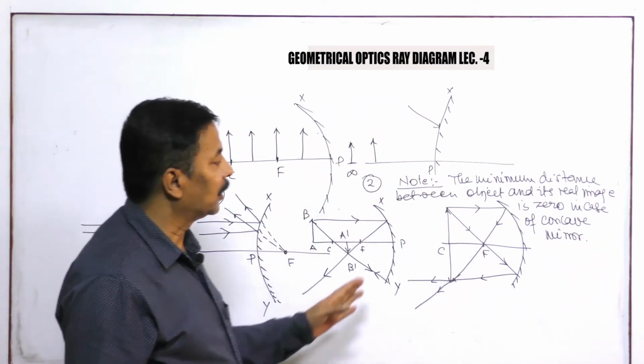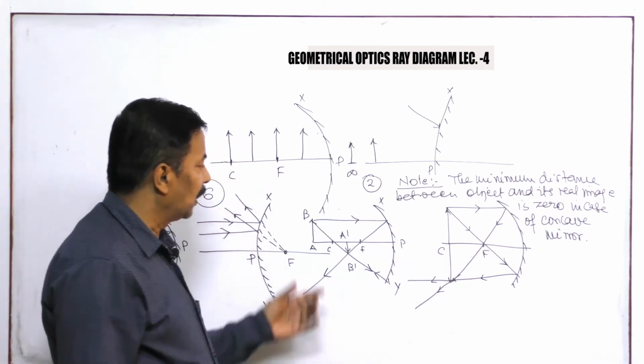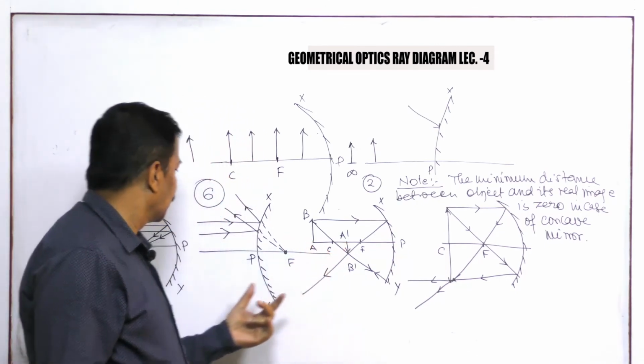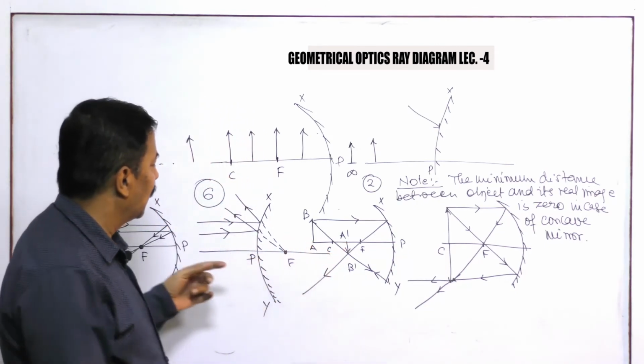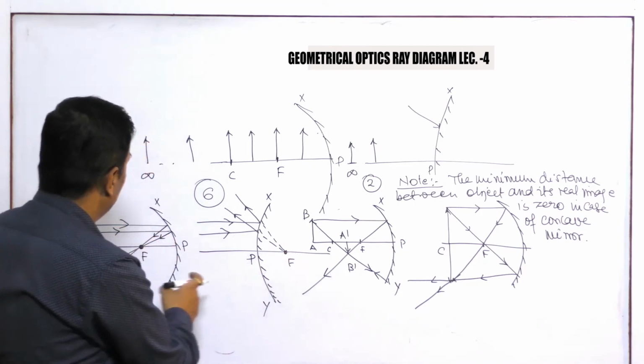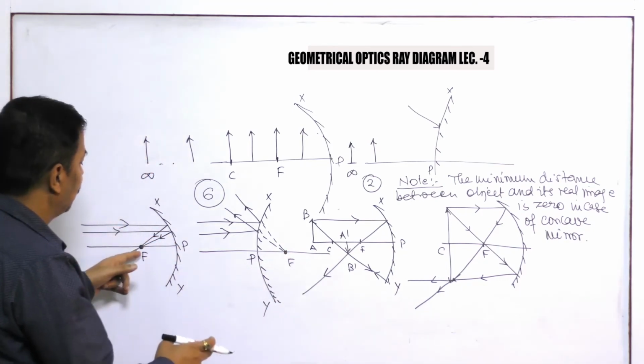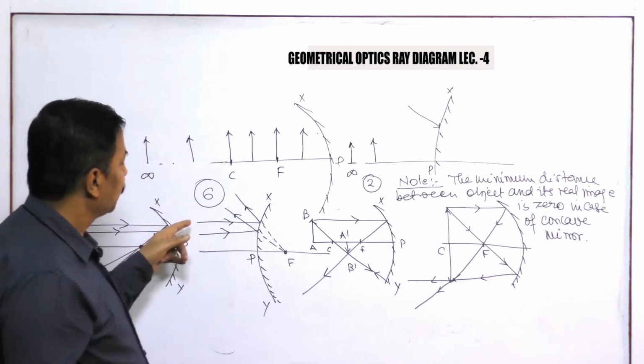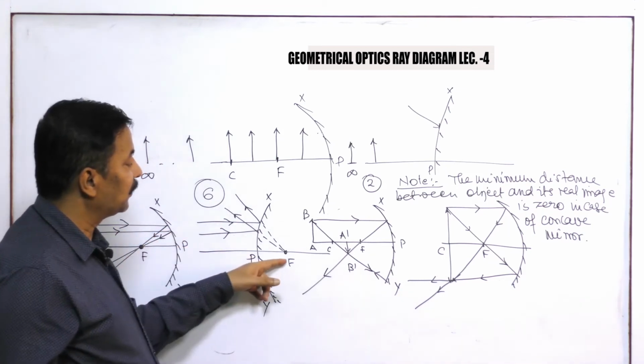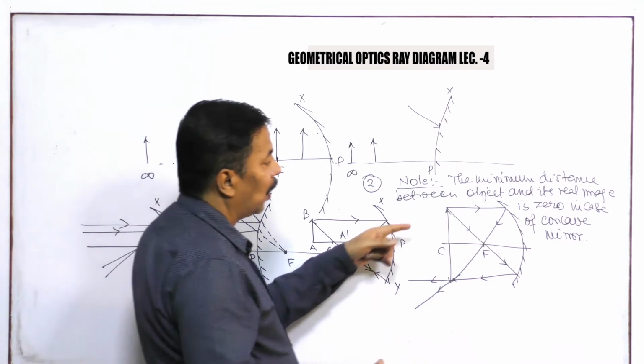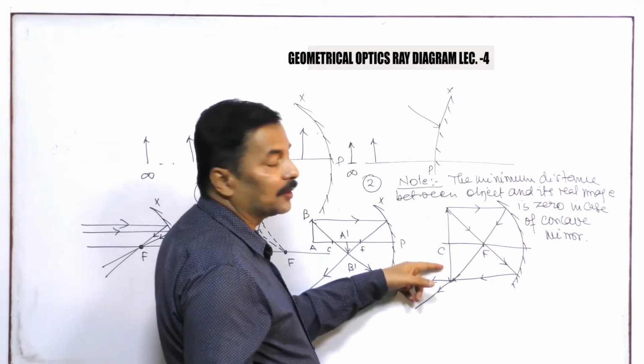For understanding the concept, you should understand. Here see, this is the distance. Object here, see, it is infinity, and image is at focus. And here object is here also and image is here also.